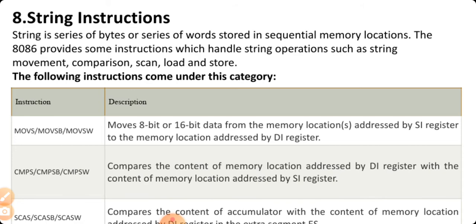The 8086 provides some instructions which handle string operations such as string movement, comparison, scan, load, and store. So we have to remember these operations: movement of string, comparison of string, scanning, loading, and storing. The following instructions come under this category.